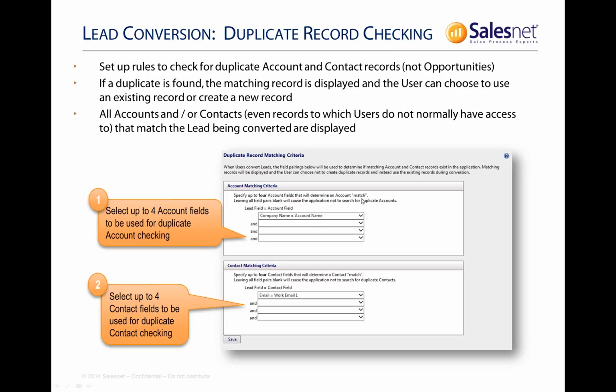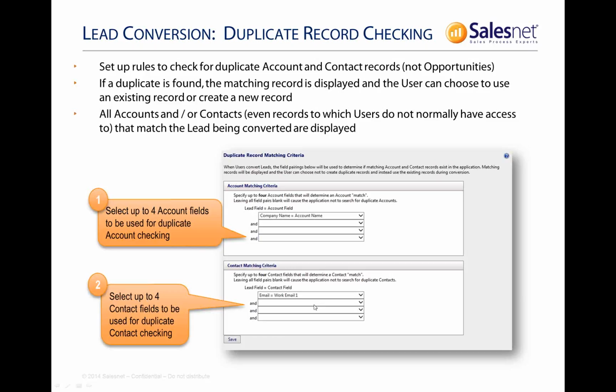So you can specify how the matching should occur. In this case, we're saying look at just the company name to suggest if there's a match. For contact, we've said just look at the email field to specify if there's a match or not.